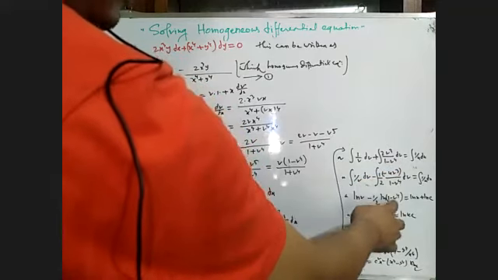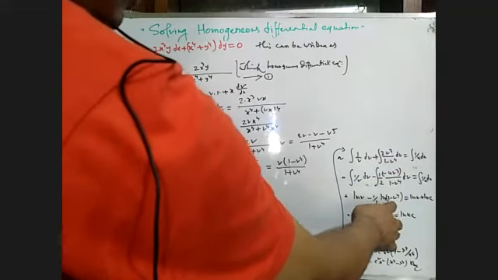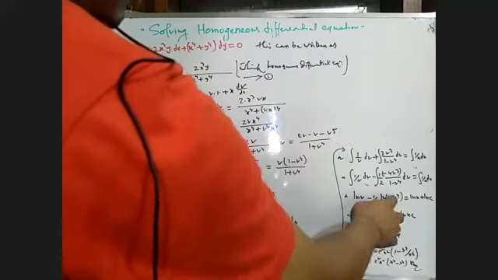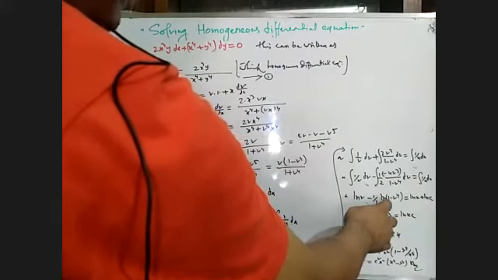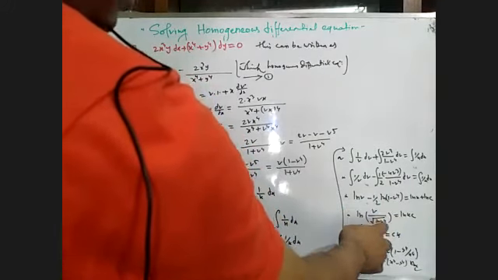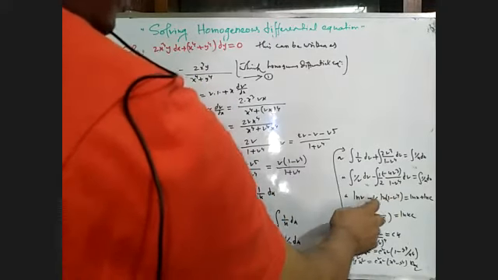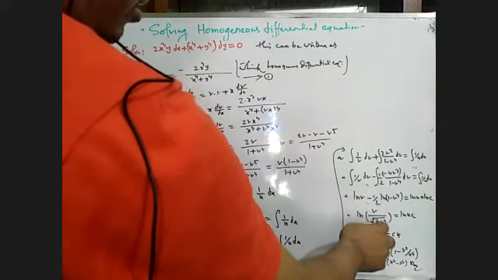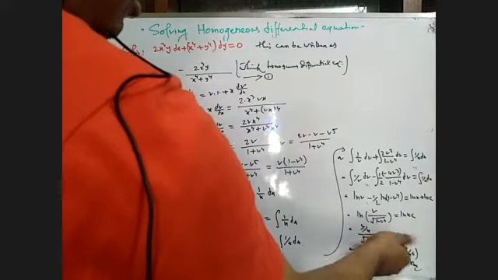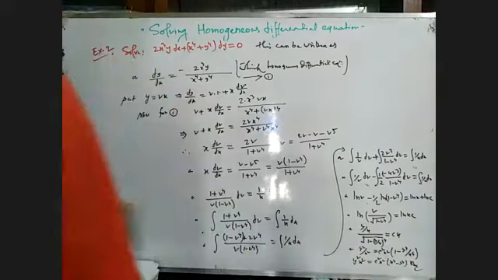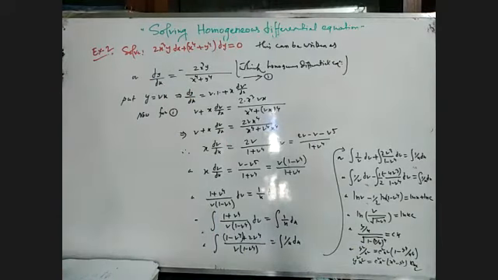This is why ln of 1 minus b4 integration, and this half ln, using the properties of ln, half will be root over, and ln m minus ln n is ln m by n, remember it. This is why just squaring on both sides we get the required result. Very easy.